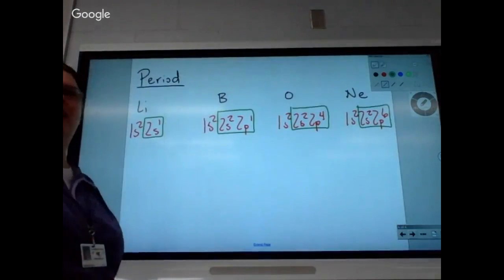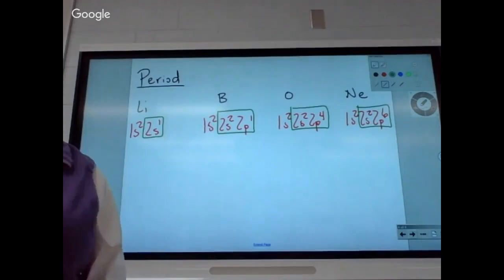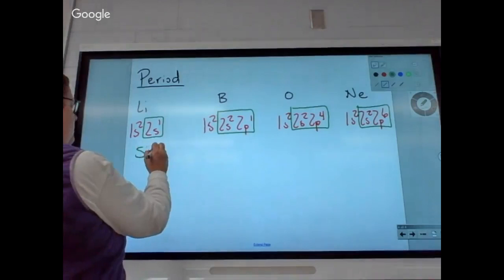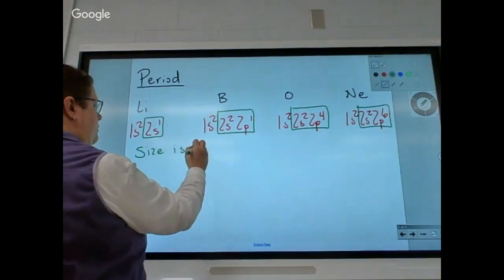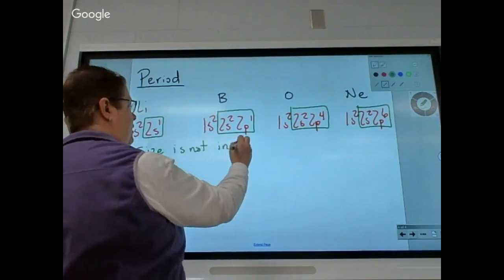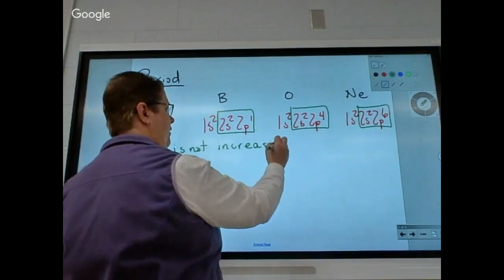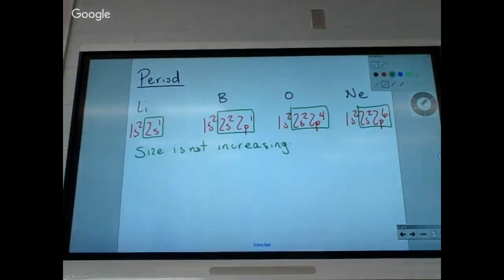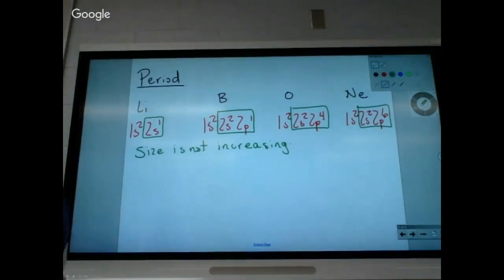So is the size getting bigger if the energy level is 2? No. Okay. So we can all agree that size is not increasing if the energy level is staying at 2. So we're all okay with that. Okay. But is the size getting smaller?